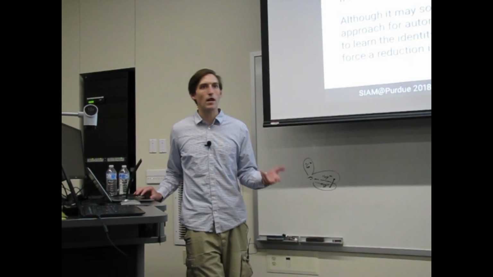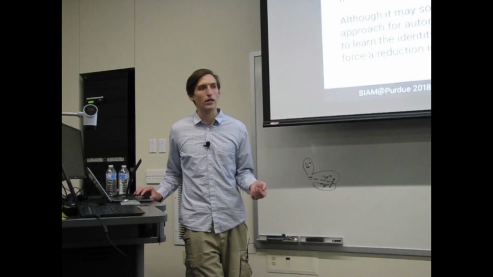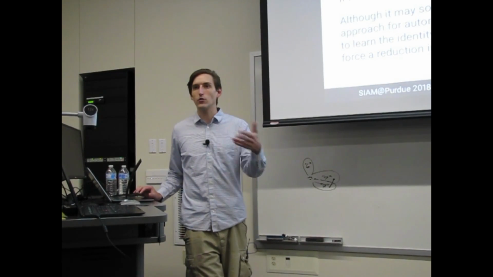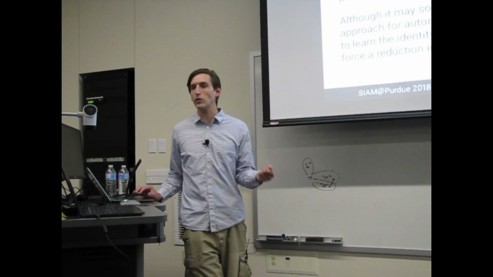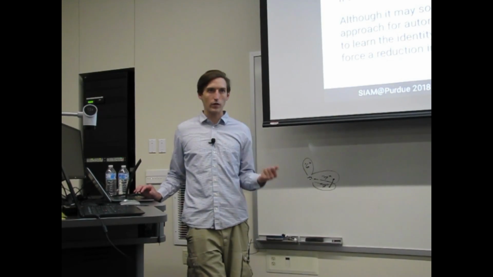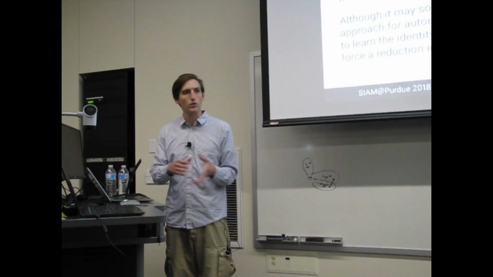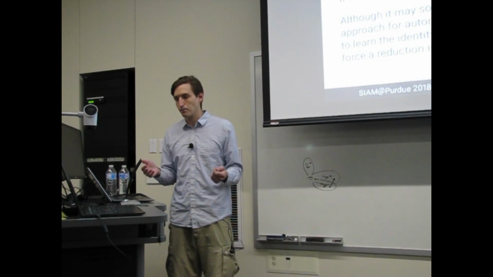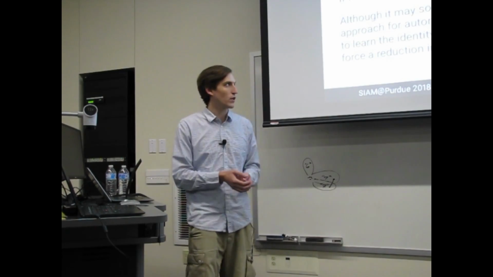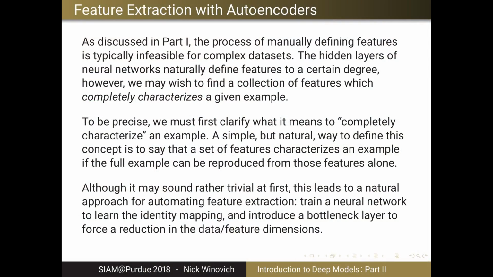A simple but natural way to define that would be: a set of features characterizes this example completely if we can take those features and nothing else and reproduce the original data. So reproduce everything. This is a natural way to think about characterization and a way to find the important features if we can somehow accomplish this.